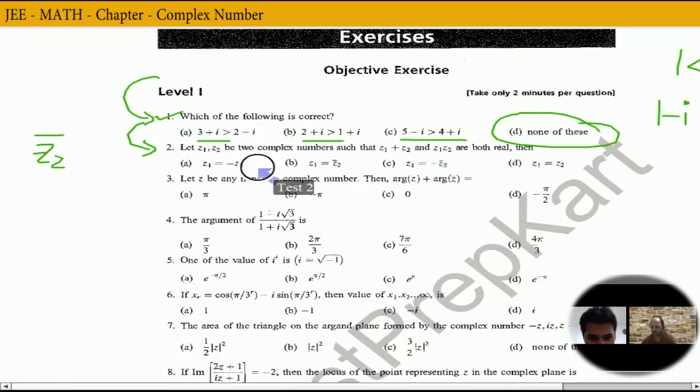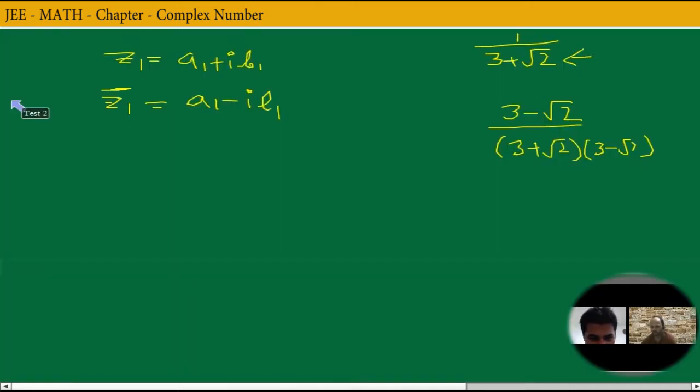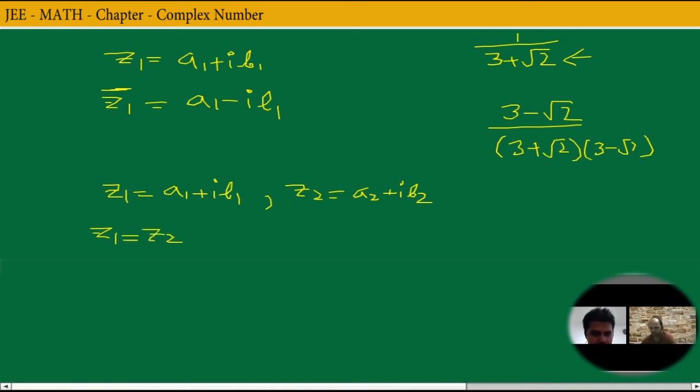I will come to this question, but let me tell you one more thing. Suppose Z1 equals A1 plus IB1 and Z2 equals A2 plus IB2. Now the question is, when are these complex numbers equal? They are equal only when the real parts are equal as well as the imaginary parts are equal, and vice versa.